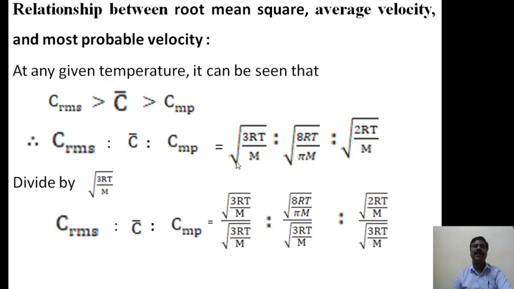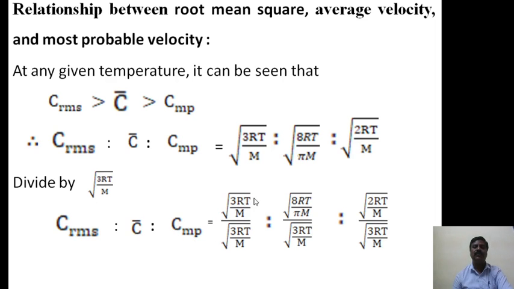This is equal to the formulas for calculating them. C_RMS will be written as the first term, square root of 3RT divided by M, proportional to the average velocity formula, square root of 8RT divided by pi M, and proportional to the formula for calculating C_MP, that is square root of 2RT divided by M. Now divide this equation by root of 3RT divided by M. Then we will get C_RMS proportional to C average proportional to C_MP.